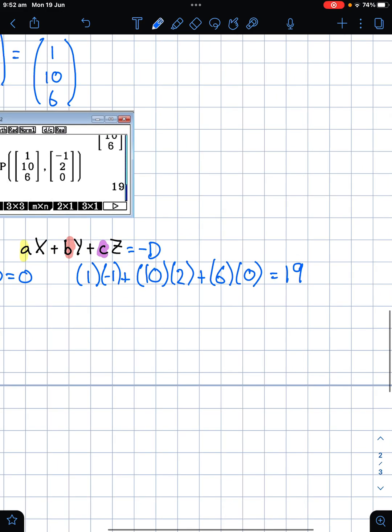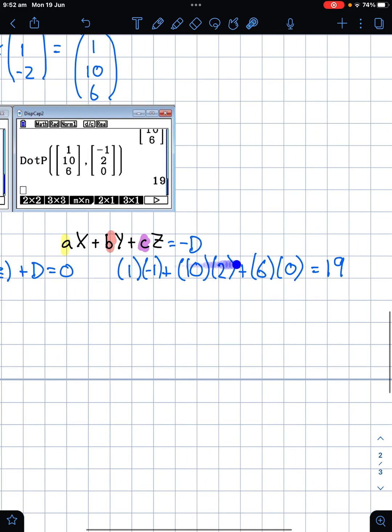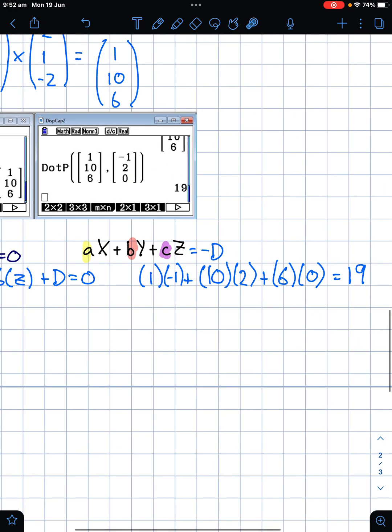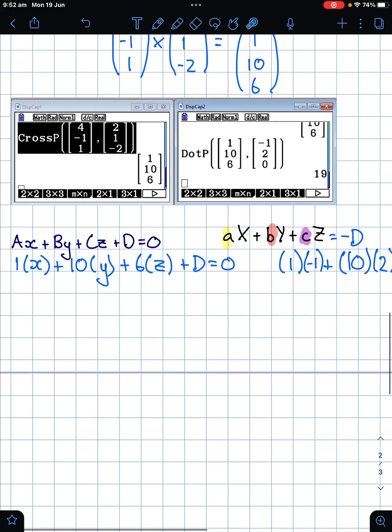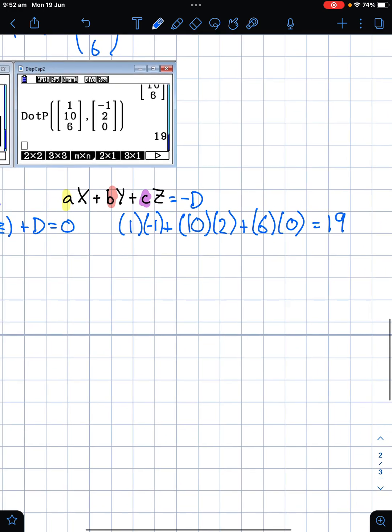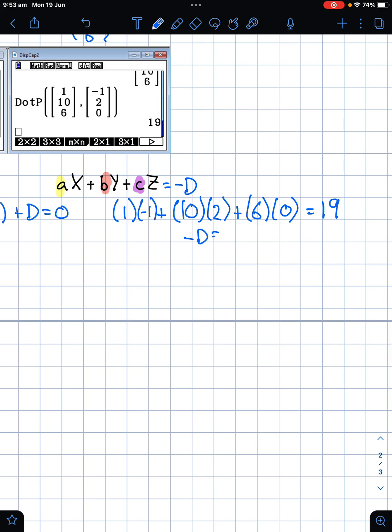We'll come back to this in class, but this is actually the dot product. If you put a coordinate in here, I'm dot producting the normal, and the value that comes out gives me the equation here. So that 19: we've now figured out that negative D equals 19, therefore D equals negative 19.